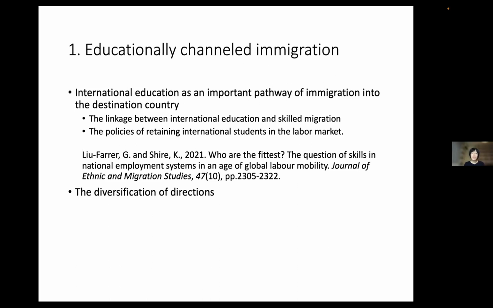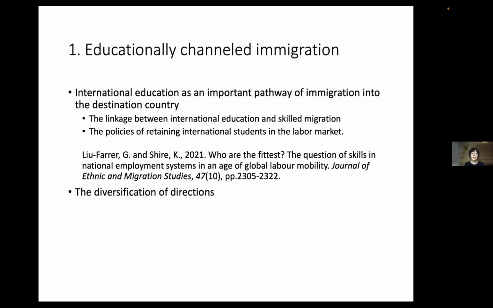For example, Japan will give international students a year of a grace period looking for jobs. And so in Japan, actually, recent statistics, over 40% of students after graduating from tertiary education stayed on in Japan. So it's a very important migration channels.